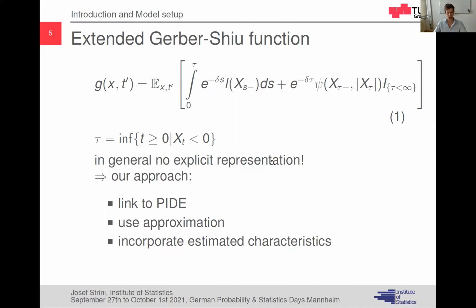And on top of this, we want to incorporate estimated characteristics, which means that we estimate the interarrival time density and the distribution function of the claim height Y, and plug this into our approximation procedure for the PIDE solution and obtain the extended Gerber-Shiu function where we have used real data or simulated data for the underlying quantities.